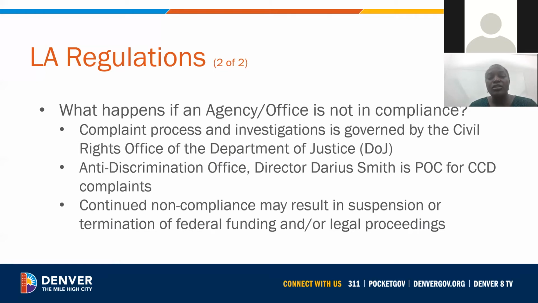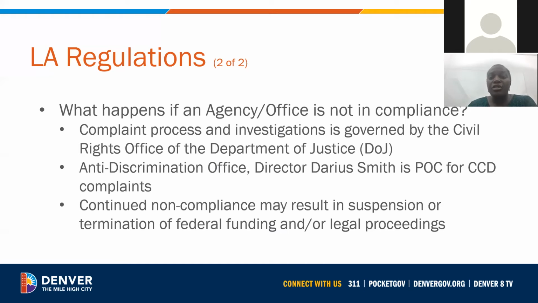So if individuals had a complaint they wanted to file based on the Title VI compliance requirements, they could file it with the Anti-Discrimination Office. If an individual, agency, or office is not compliant, the Department of Justice can come in and ask you to take specific steps to get into compliance.